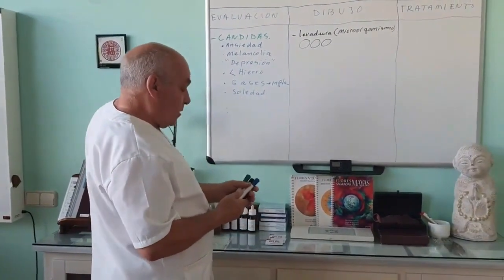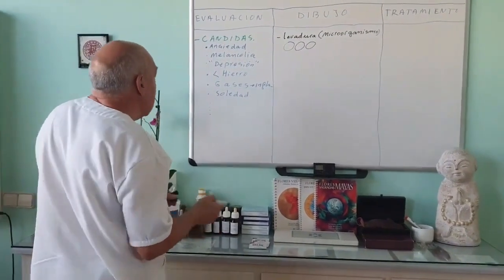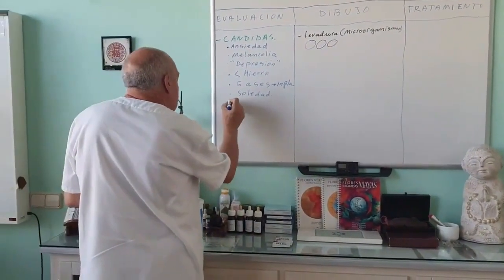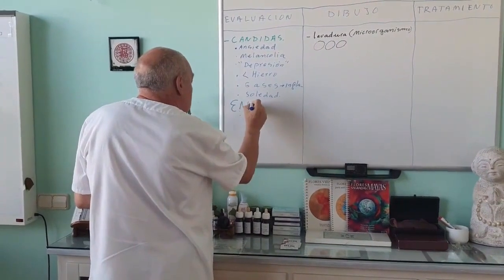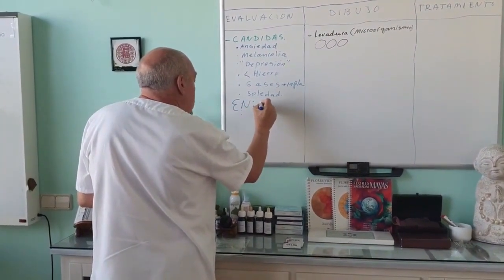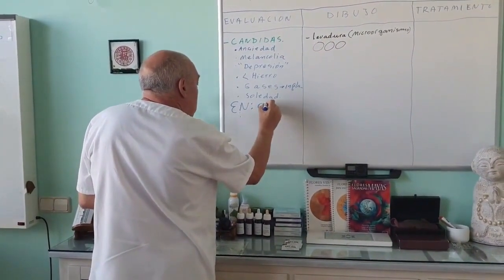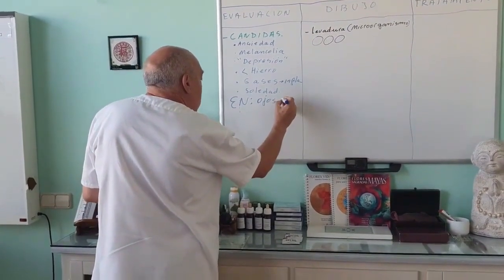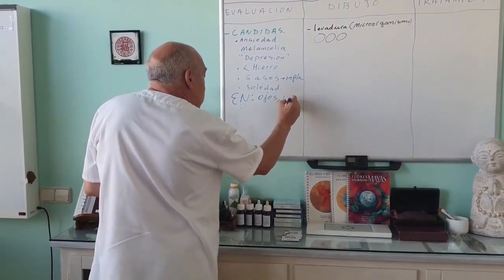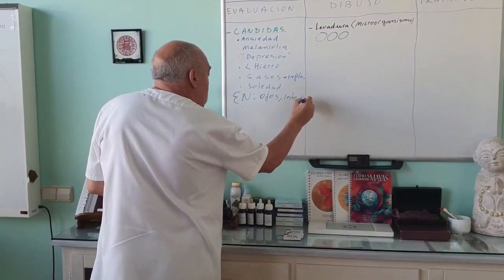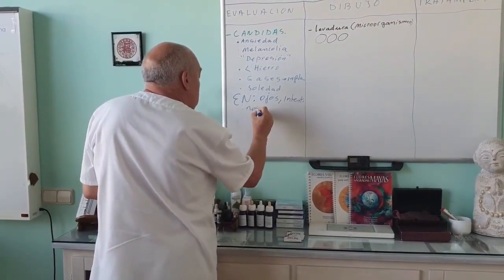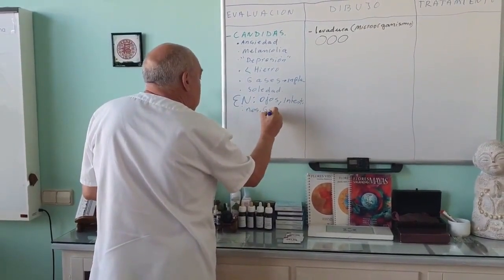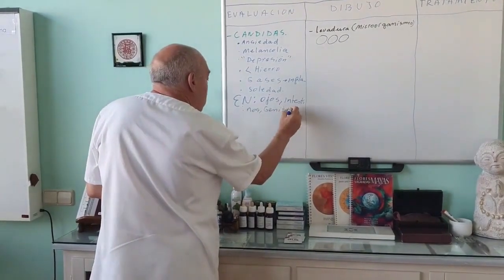I actively test my patient and they tell me they have Candida in, for example, the eyes, in the intestines, and in the genitals, for example.